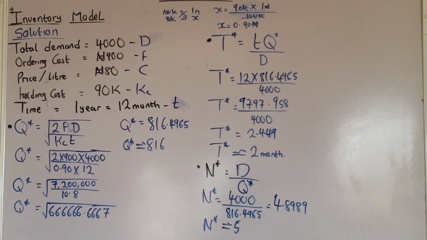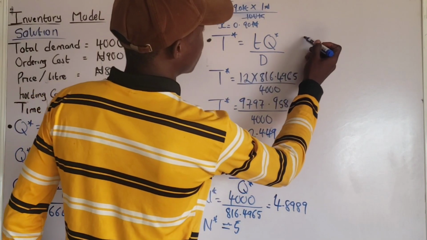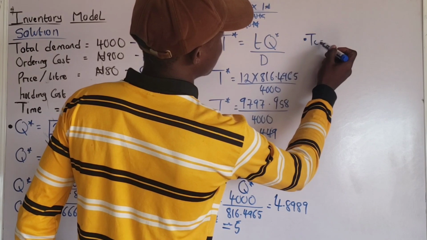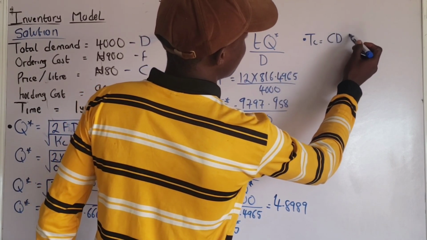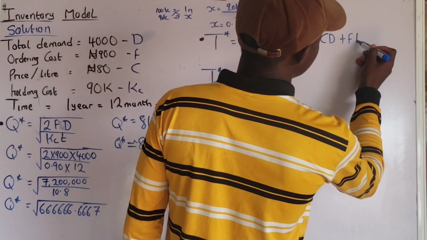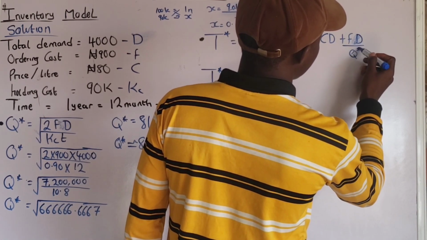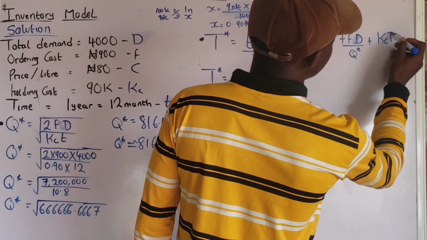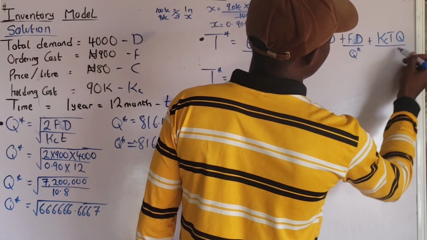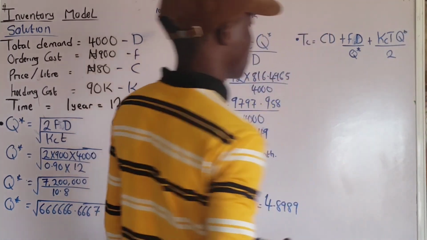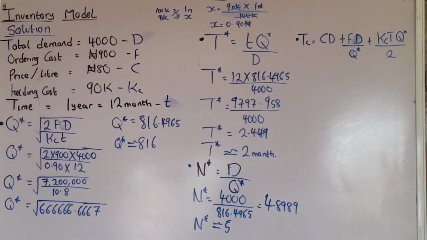Total cost equals CD plus FD all over Q star plus KCTQ all over 2. Let me put this star. If you remember this formula, you'll be able to solve for the optimum total inventory cost of the year.